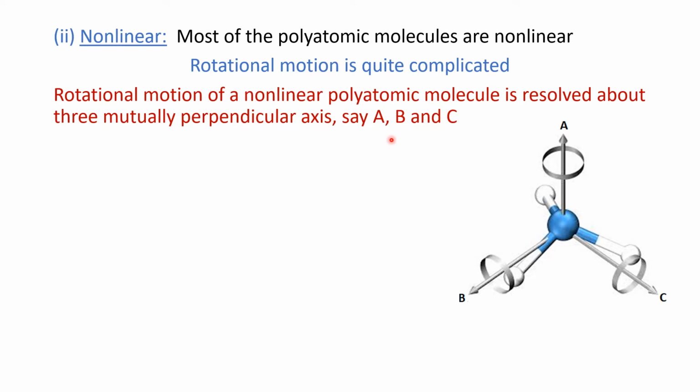We call them, for example, A, B, and C. Here, this A is taken as the symmetry axis. We have B and C. So the motion of this nonlinear polyatomic molecule is resolved about three perpendicular axes: the motion about the A axis, the motion about the B axis, and the motion about the C axis.